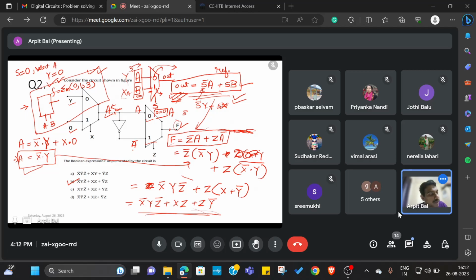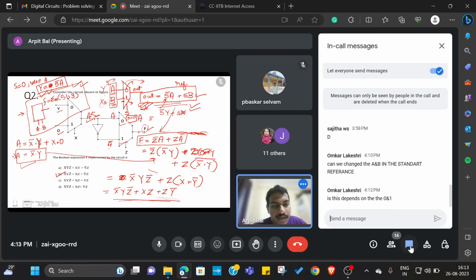But y will be A whenever s is equal to 0. Correct. So if s is equal to 0, then y is becoming A in this case, right? Omkar, is this particular point clear?